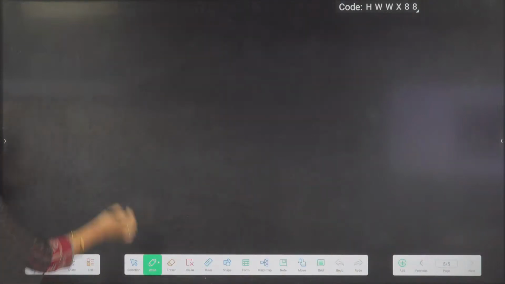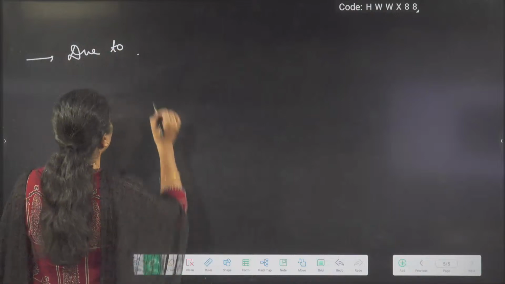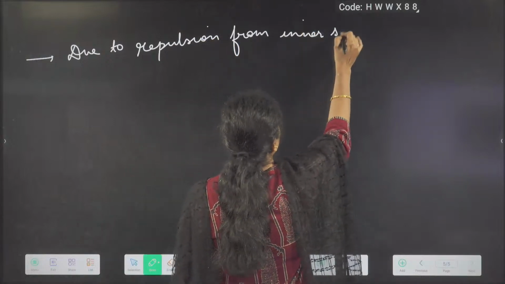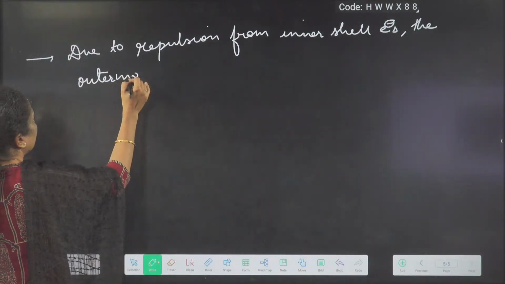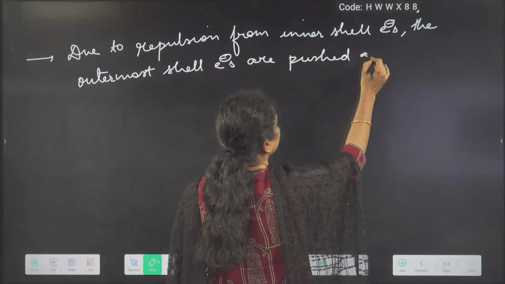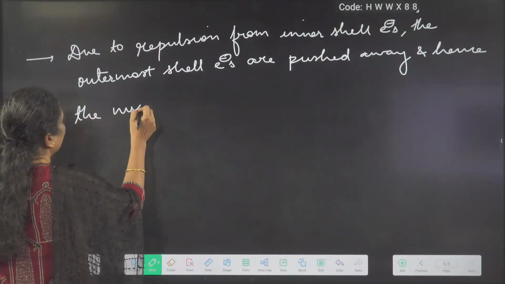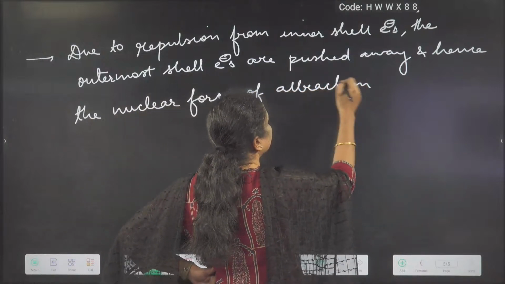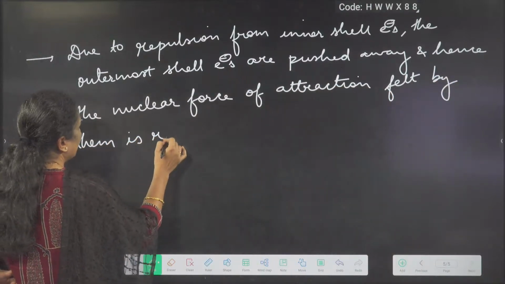Okay. I'll write down another statement also. Due to repulsion from inner shell electrons, the outermost shell electrons are pushed away, and hence the nuclear force of attraction felt by them is reduced.